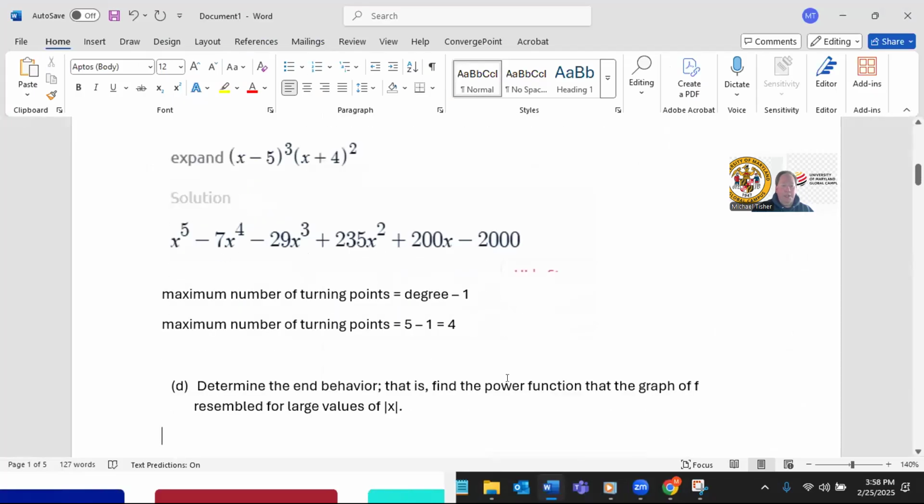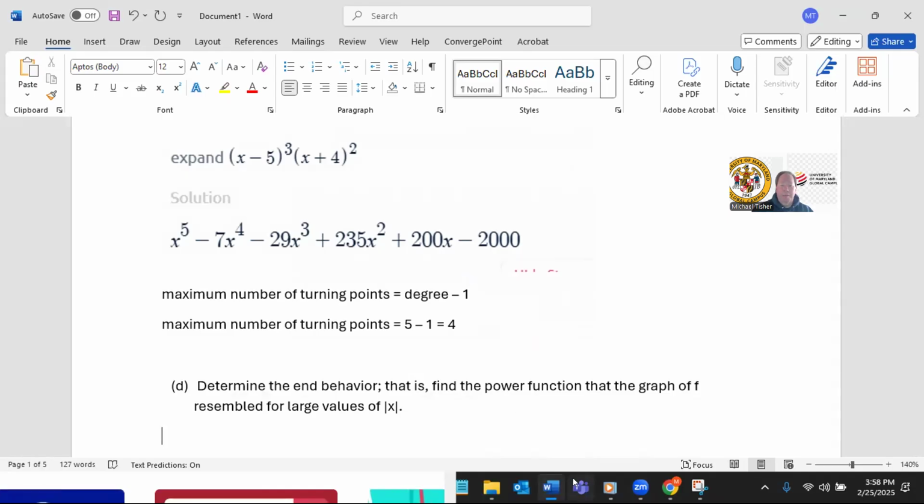Now, D part says to determine the end behavior, that is, find the power function that the graph of f resembles for large values of absolute value of x. Okay, that's quite a mouthful. So here's what it means to do. Whenever the graph goes to the left or to the right, we want to see what happens overall.